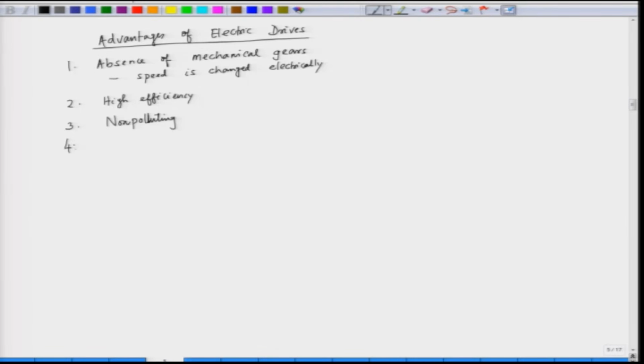And then we have 4 quadrant operation. Which means we can operate in motoring, braking and with speed reversal, with reversible speed.